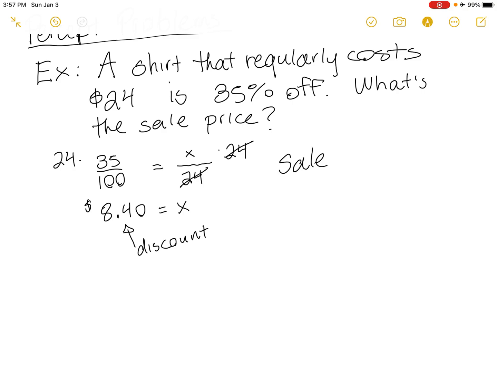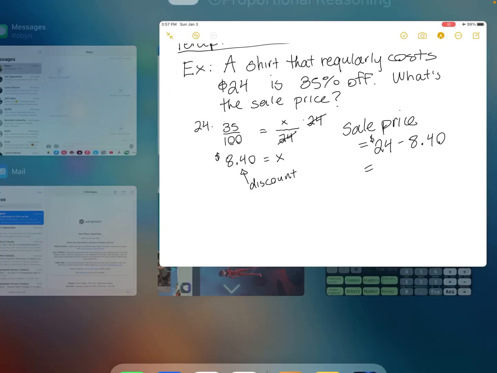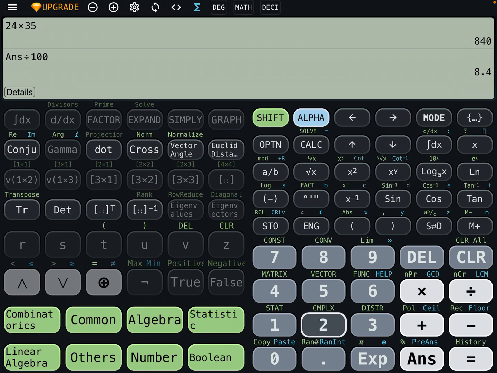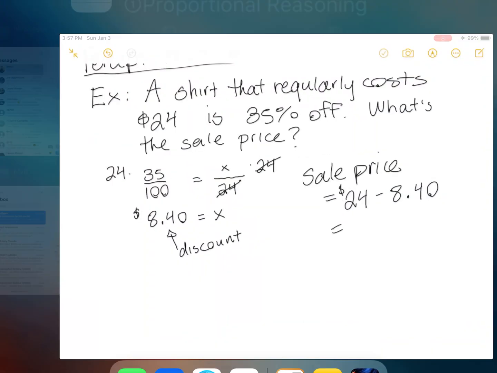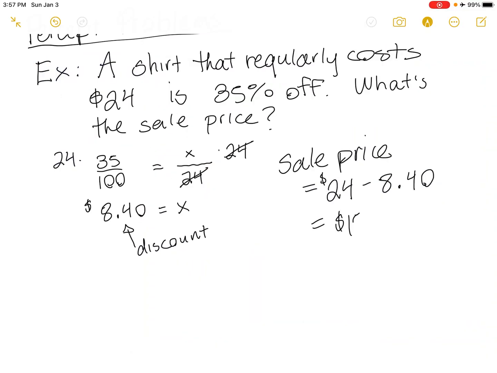The sale price is how much you're actually spending rather. That's going to be the price, $24, minus the discount. And that works out to be $15.60.